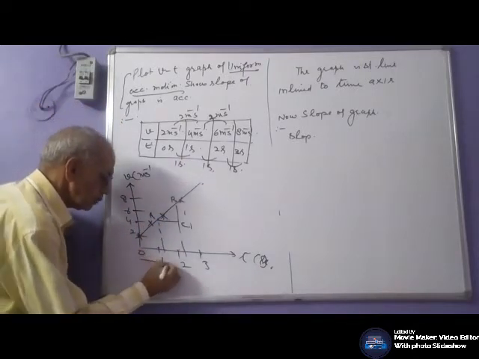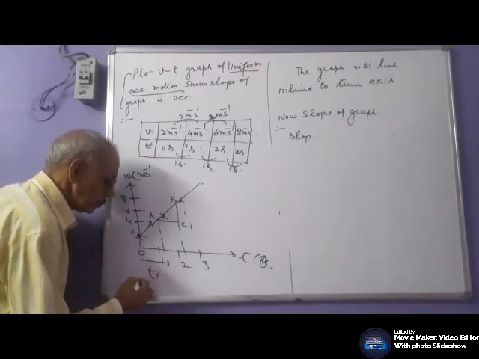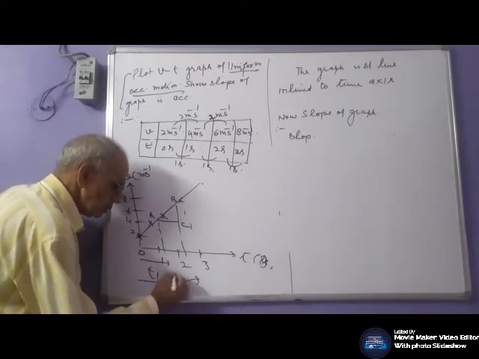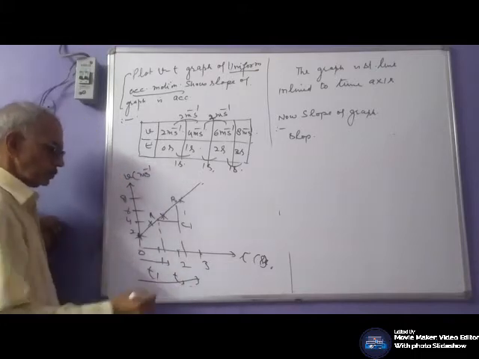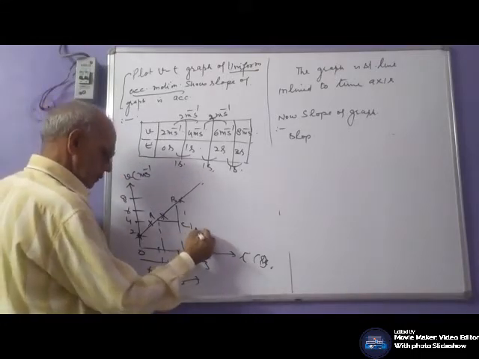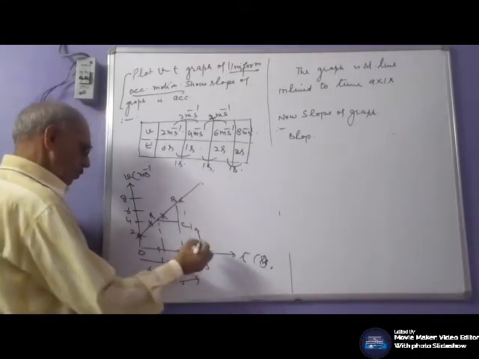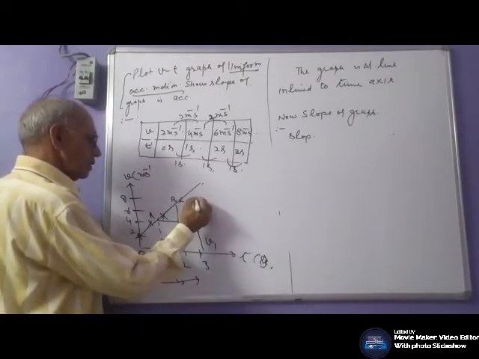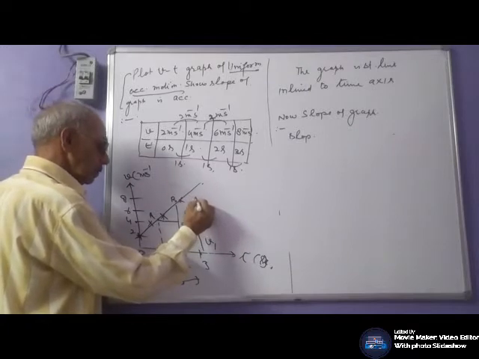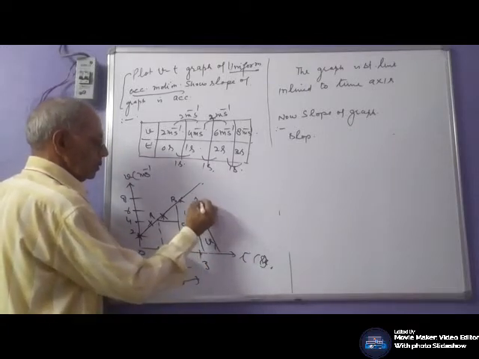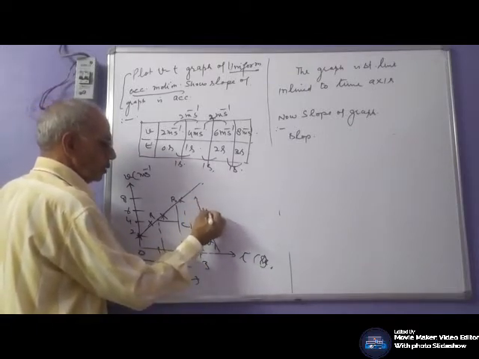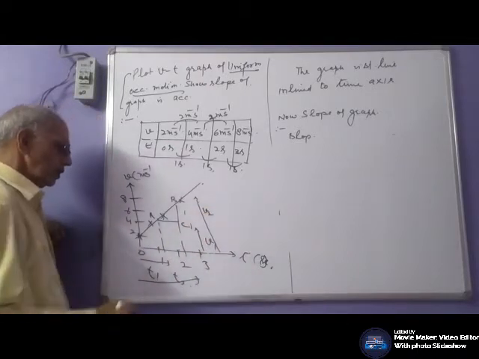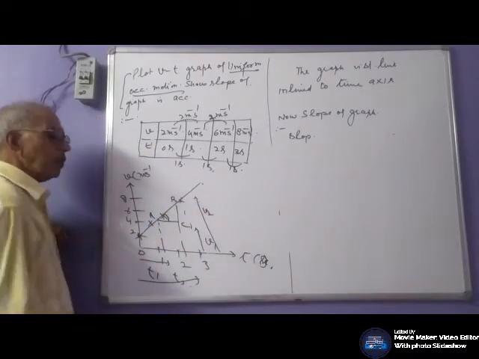This is T1, this is T2, this is V1, this is V2, and the angle is theta. This is the slope.